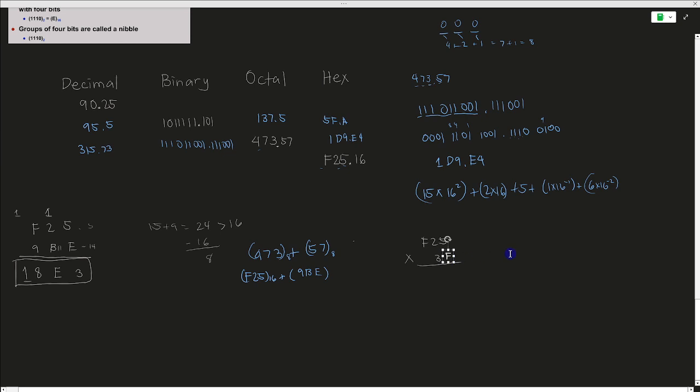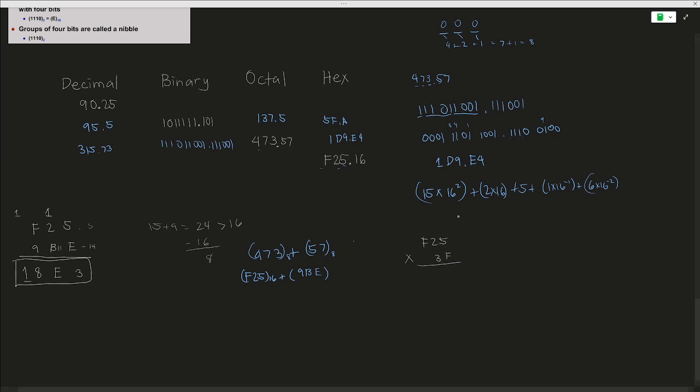This is F. So this is 15, right? So you have to multiply 15 by 5 to get 75, and then idadagdag mo pa si 7 doon. So si 15 times 2 is 30, plus 7, and then 15 times 15, malaking number siya. So in short, sana, diniretso mo na muna into decimal bago mo sila i-multiply.